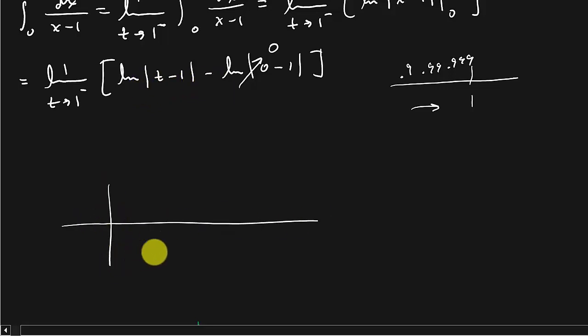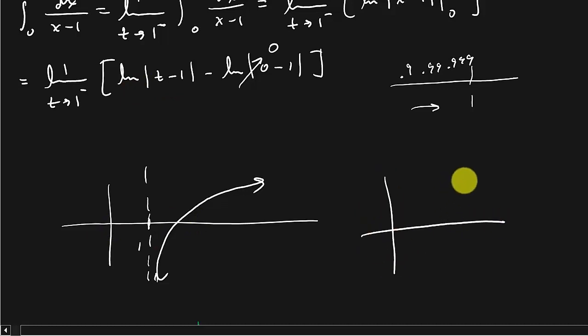So what's happening here? Well, here's 1 right here. The graph of this would look something like this, with the vertical asymptote here, because remember, you can't take the natural log of 0. It's just shifting. Here's the normal graph of a natural log function, so that minus 1 is just shifting this over 1 unit.